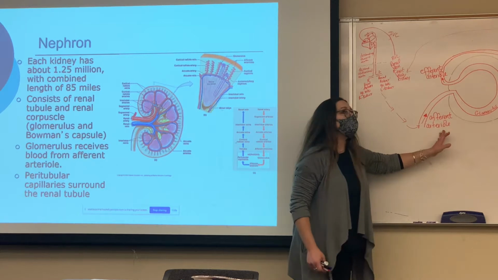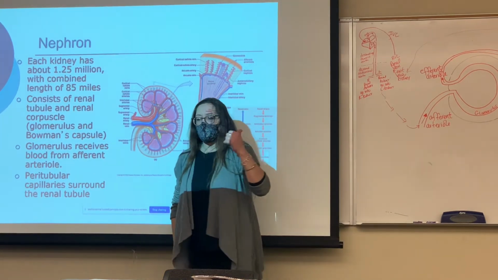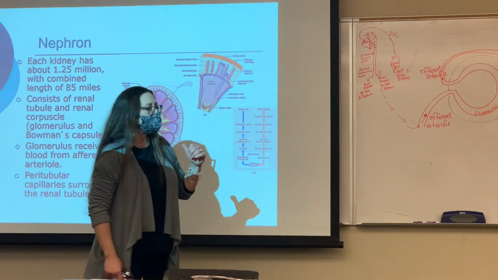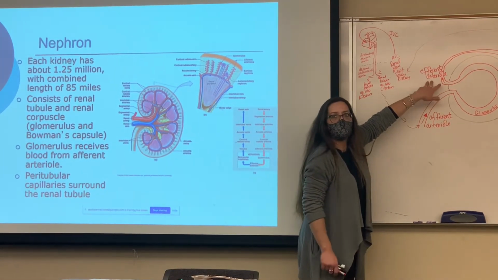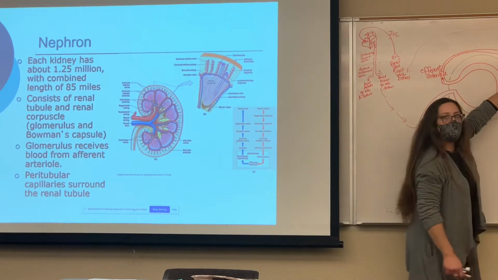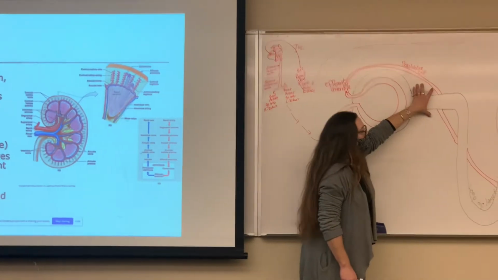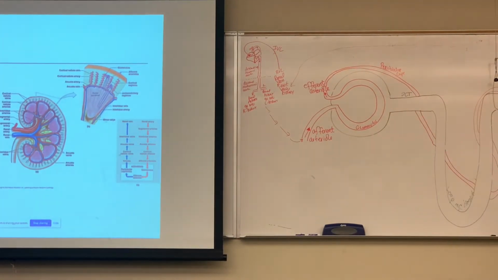A little over 1 million. And about how many efferent arterioles? A little over 1 million. About how many peritubular capillaries? A little over 1 million. And about how many venules? A little over 1 million.